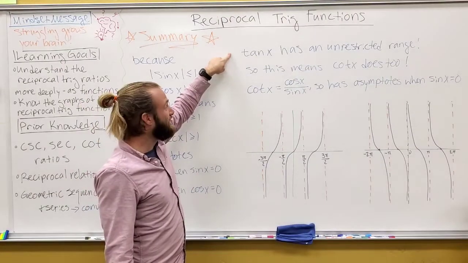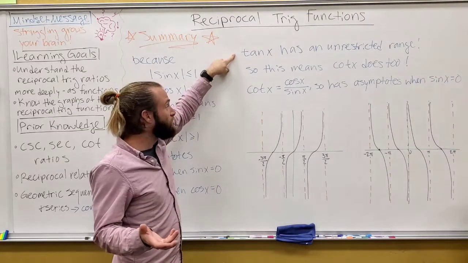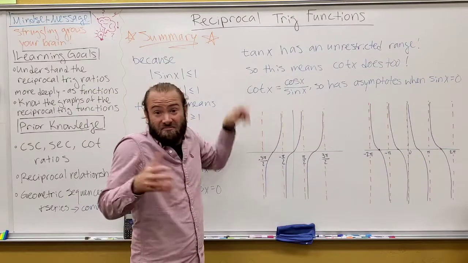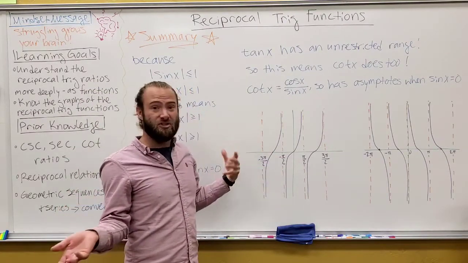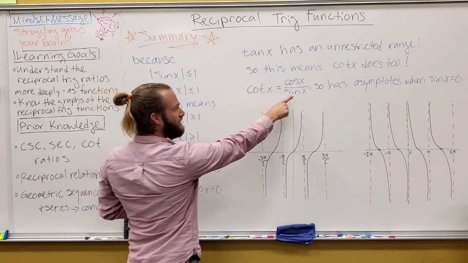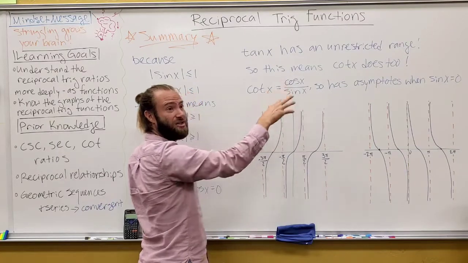Nicely for us, tangent, the original tangent, has an unrestricted range. So when we do this reciprocal thing like we talked about, cotangent is also going to have an unrestricted range. That's really nice. So the only thing left for us to do is to talk about their asymptotes and look at their graphs. Well, cotangent has sine x on the bottom, instead of tangent, which had cosine x on the bottom.